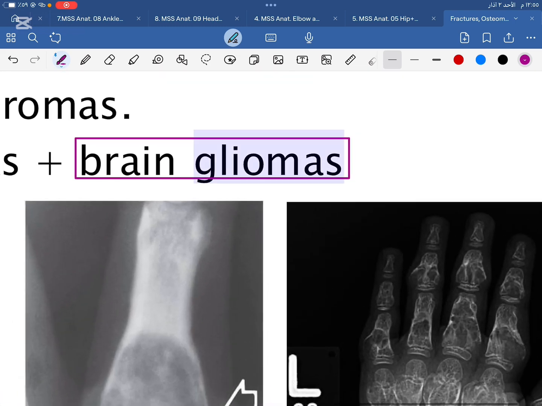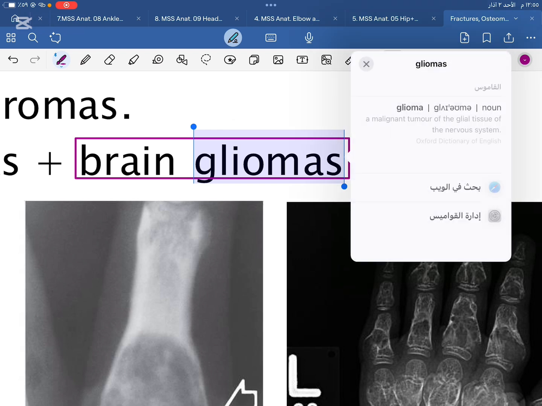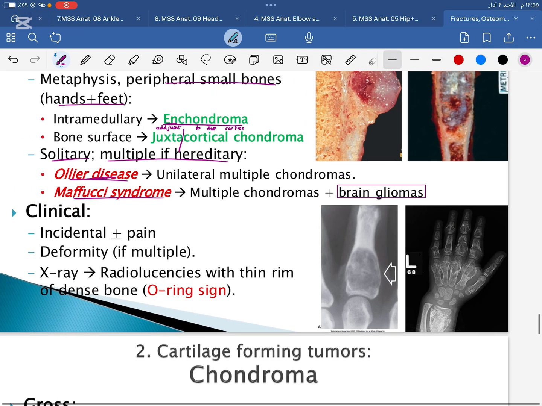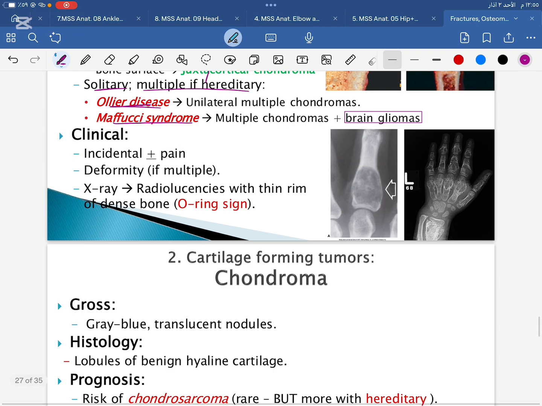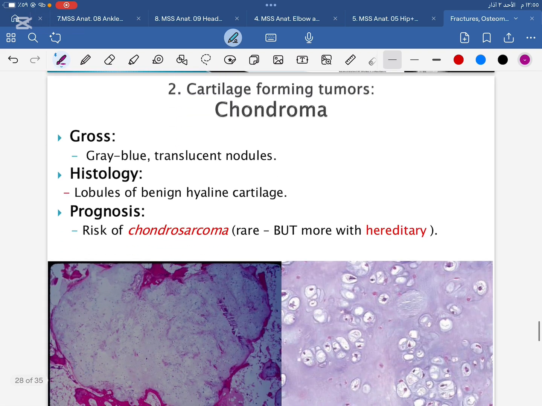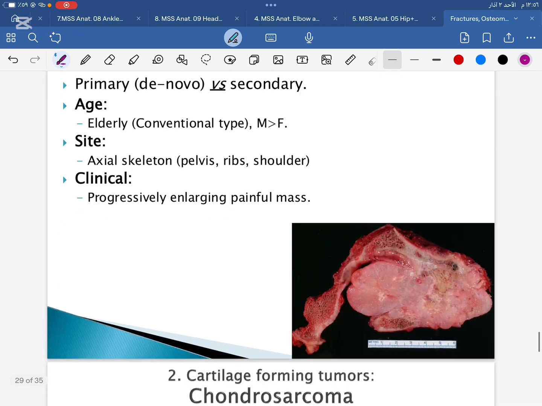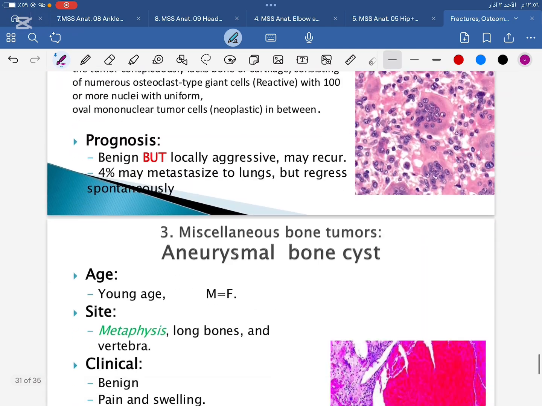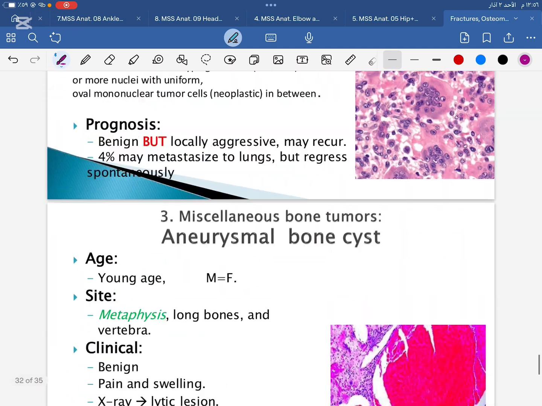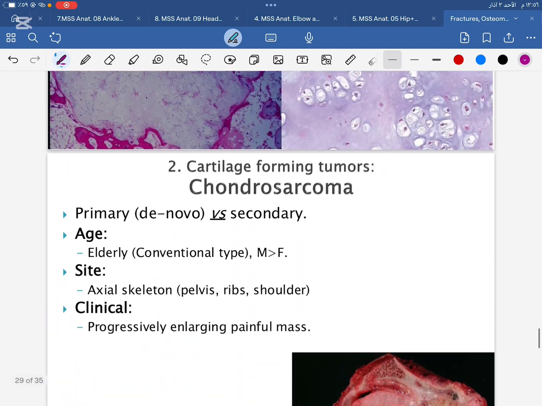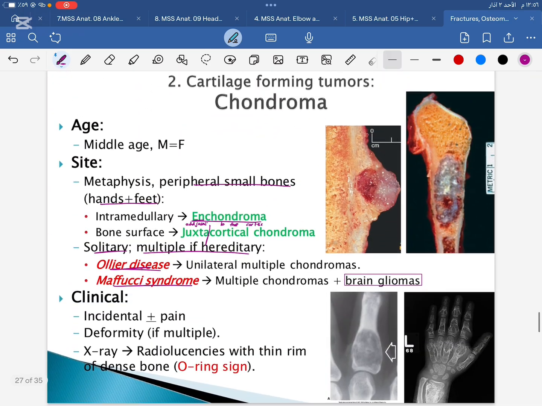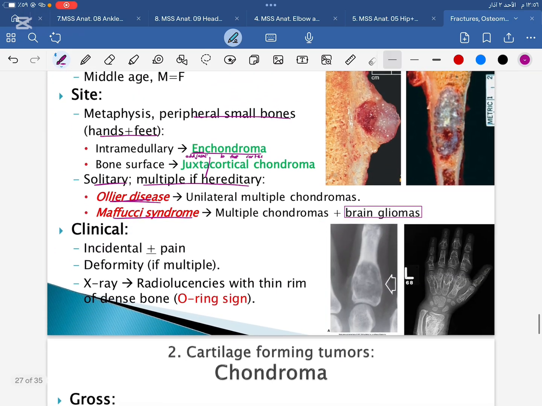Clinically, like osteochondroma, it could be incidental and asymptomatic, or it may be associated with pain or deformity if it is multiple. On X-ray it will show radiolucency with a thin rim of dense bone around it, giving the O-ring sign, okay, on radiology.